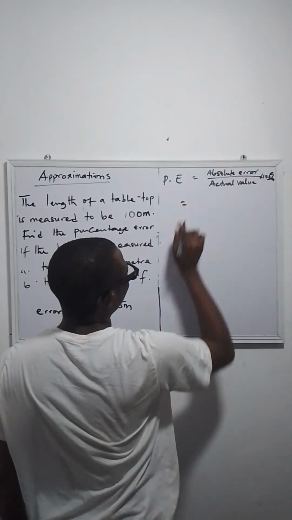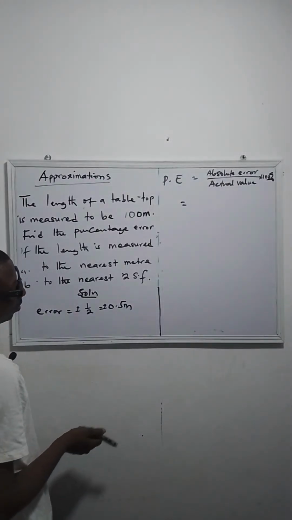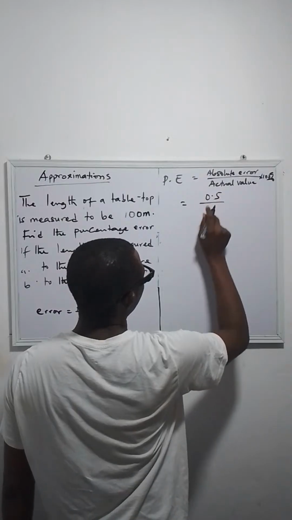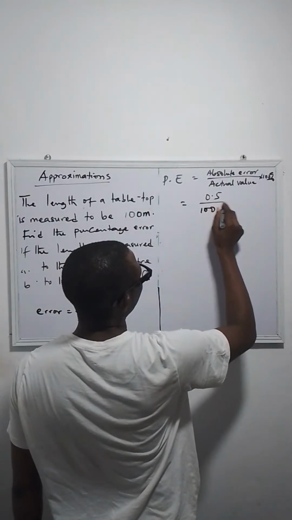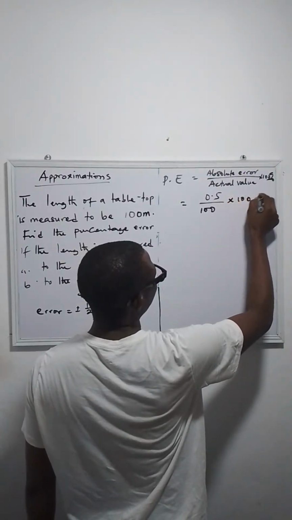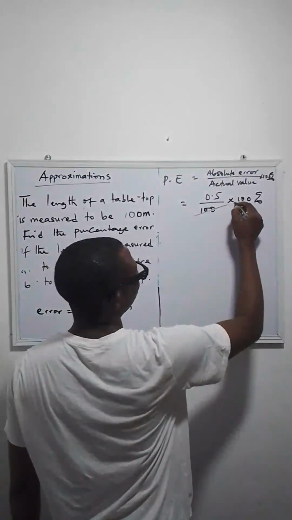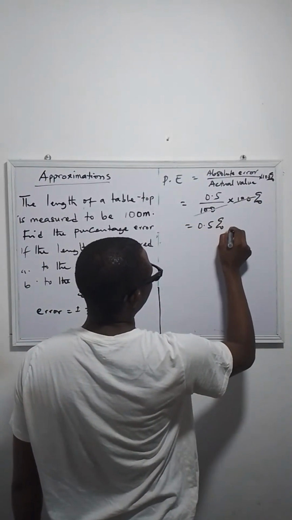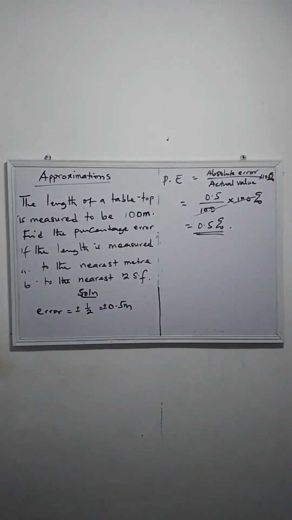Now the error is the absolute value of plus or minus 0.5, which is 0.5, all over the actual value, which is 100, times 100%. So this cancels this. So the answer is 0.5%. That is the percentage error. Now let's look at the next one, B.